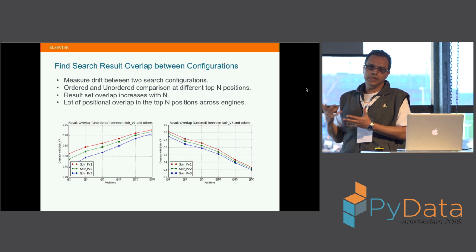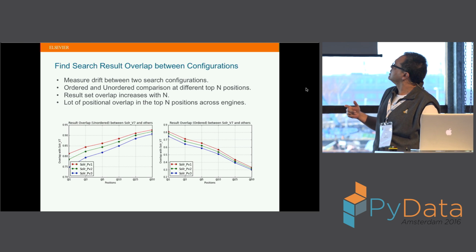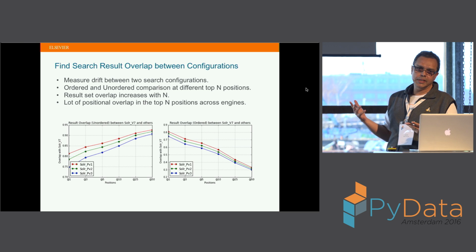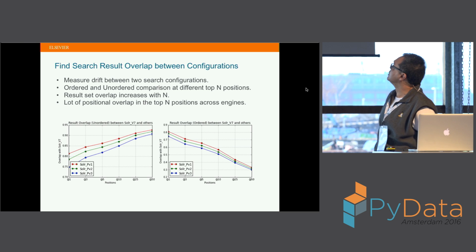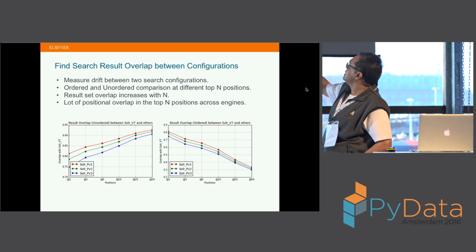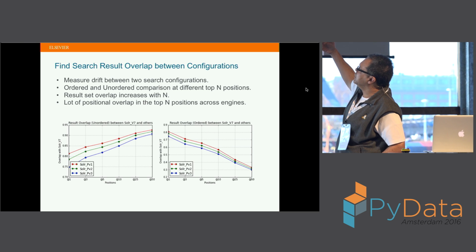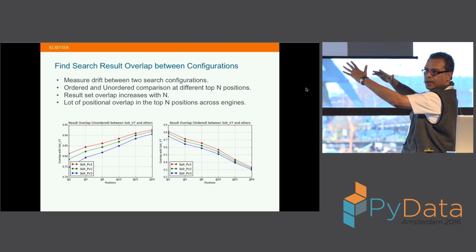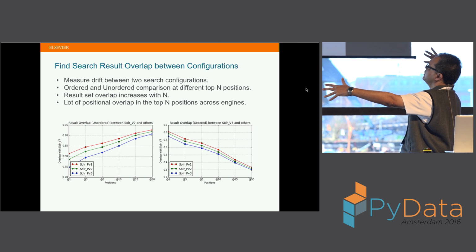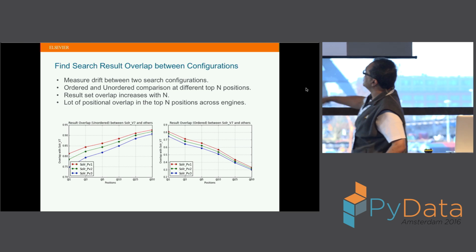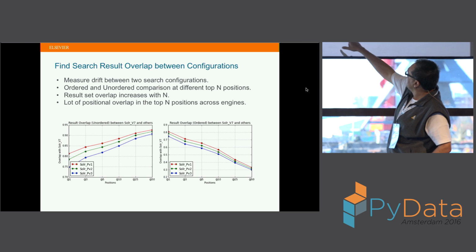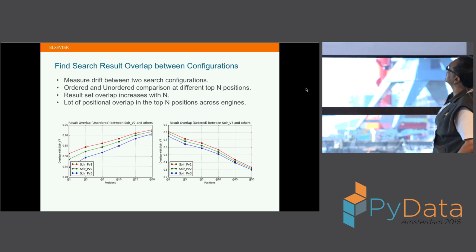I'm just going to cover some other uses. Since we got all this data, we put it to various other uses, and I thought this would be interesting to show here. One of them was to measure the result drift, how results drift away at different positions as we change configuration. This is at the first position, at third, at fifth, and so on.